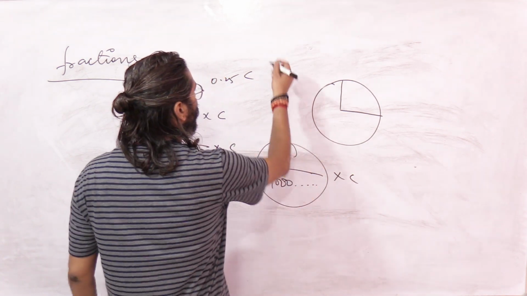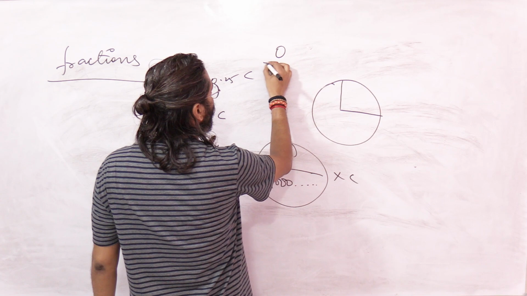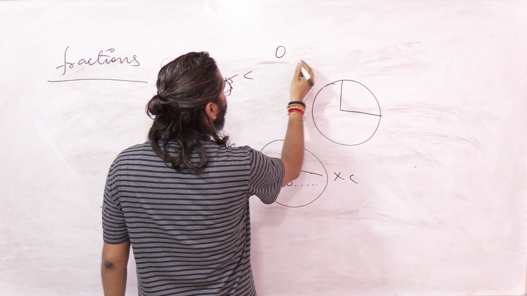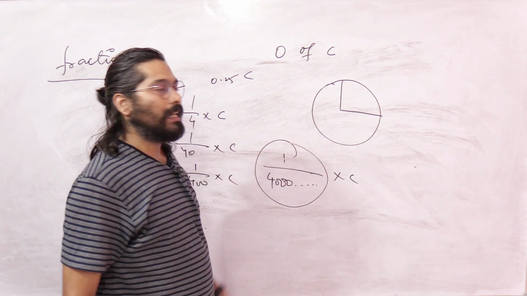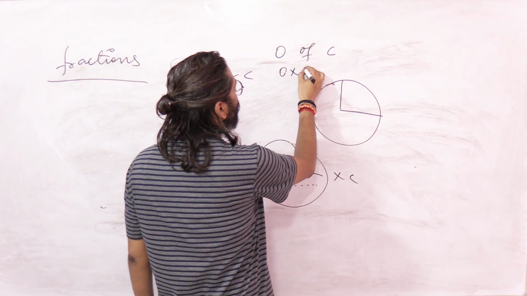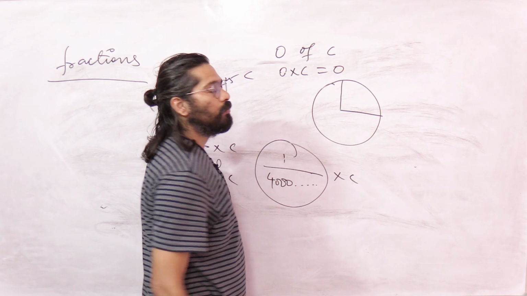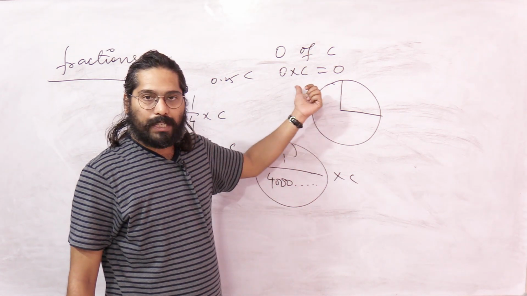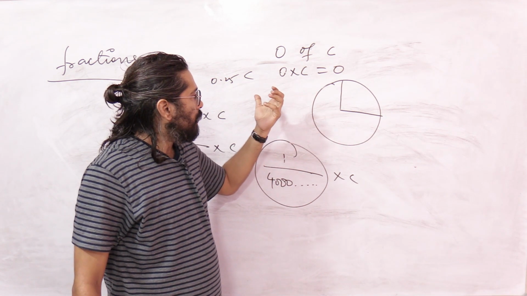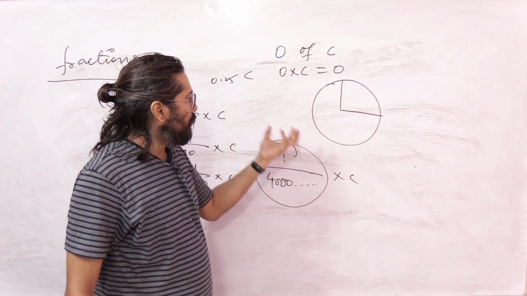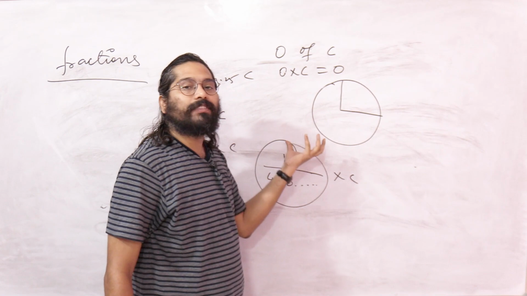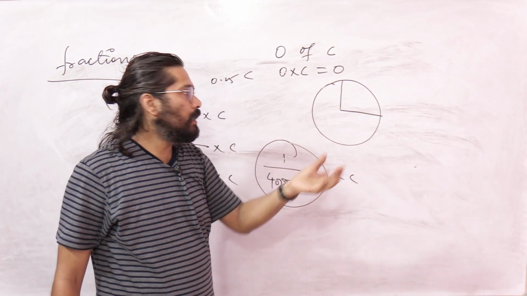But what if I told you 0 of C, that is 0 part of this circle, means 0. 0 is an empty number. Then how can we take an empty part of this circle? How can we take nothing from this?